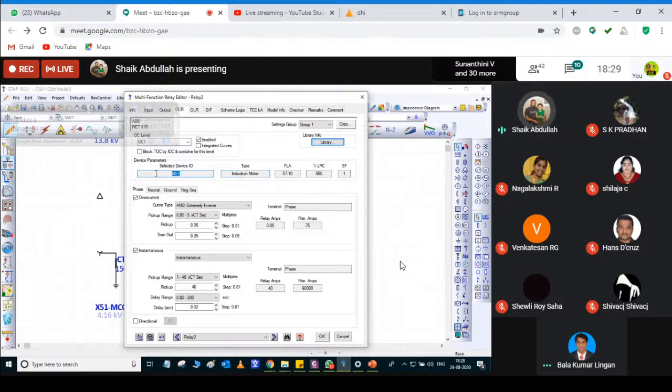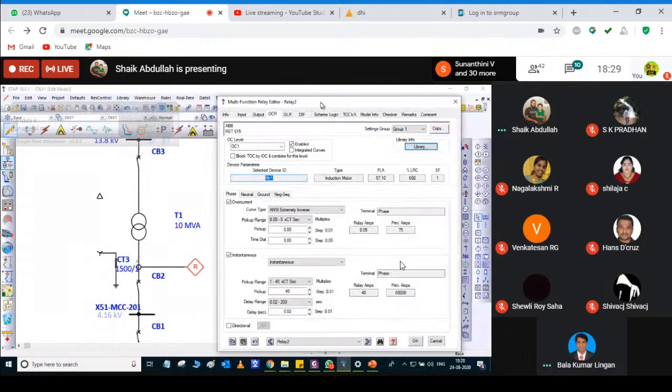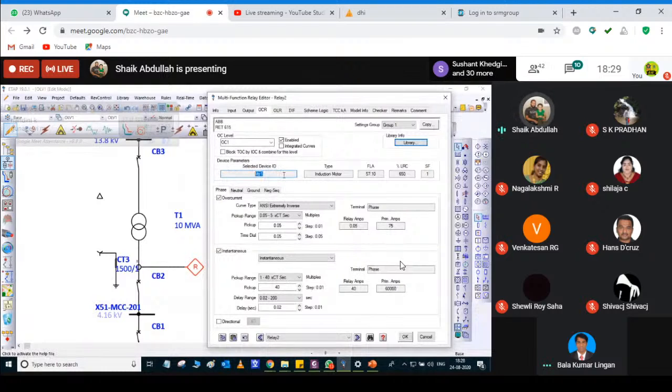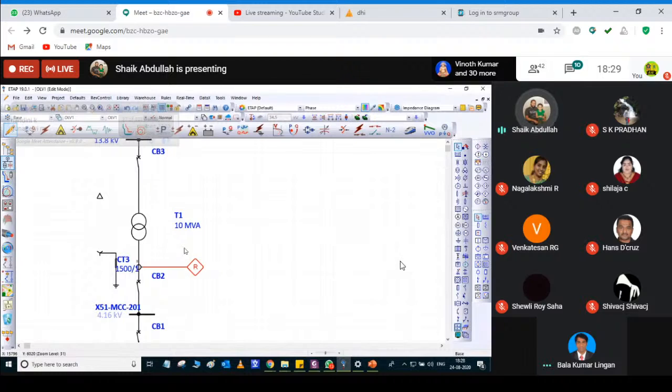The device parameters still don't change their value. To be honest, it's still showing induction motor. It's supposed to take the current value of this motor. I will do that one.